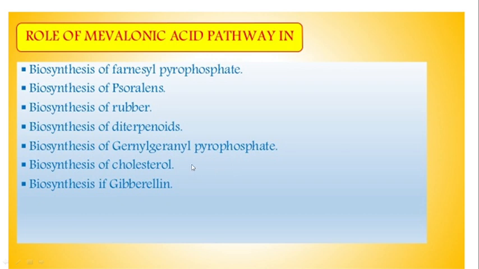Geranyl pyrophosphate is produced from farnesyl by the mevalonic acid pathway. Biosynthesis of cholesterol, it is one of the important molecules that is biosynthesized by this pathway. And biosynthesis of gibberellins, these are the growth hormones which are synthesized by this mevalonic acid pathway. So this is about the mevalonic acid pathway.